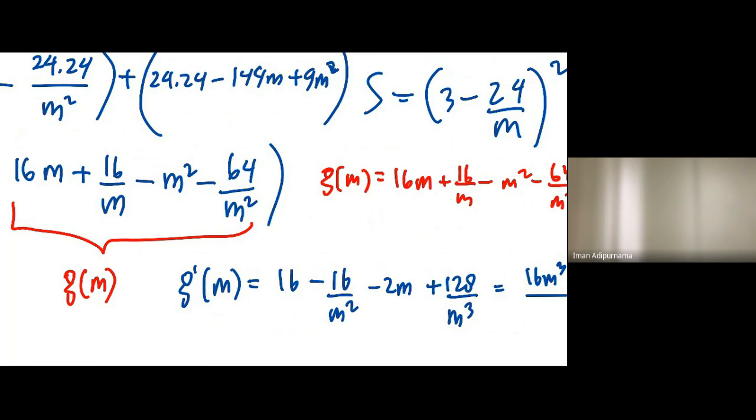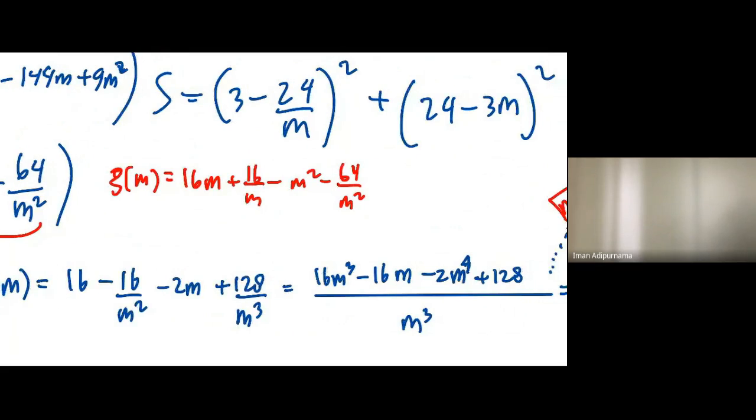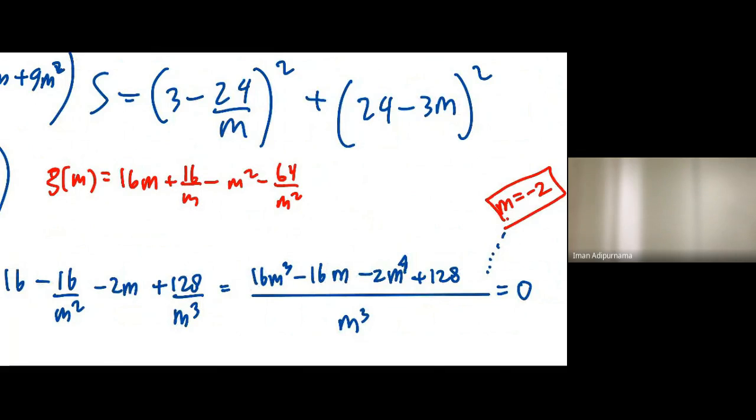We take the first derivative equal to 0. If we solve for m, you can factorize later on, and you have plus or minus 2, I think. Because the slope should be negative, you choose -2.